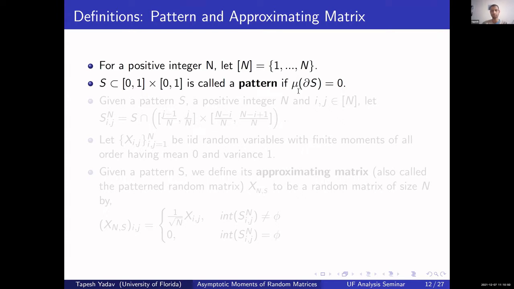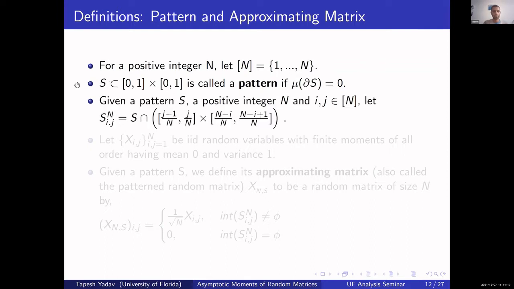So the boundary needs to be really bad in order to not satisfy this condition, meaning it should have non-zero measure inside the unit square to not be a pattern. Otherwise, in most nice shapes and even non-nice shapes, the boundary does tend to have zero measure.